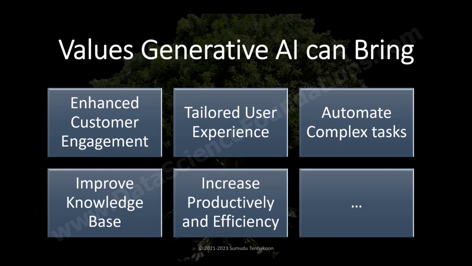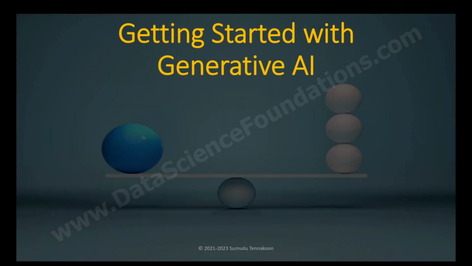You can increase your productivity and efficiency. Definitely, if you use generative AI applications in your workflow, you can make your human work more efficient and more productive, and with automation, things can go in a very positive direction if you use it responsibly and carefully. If you take it very seriously in your organization, you could get a lot of positive values out of it, and many more values it can bring.